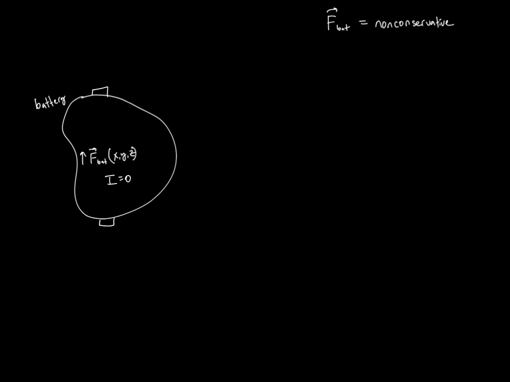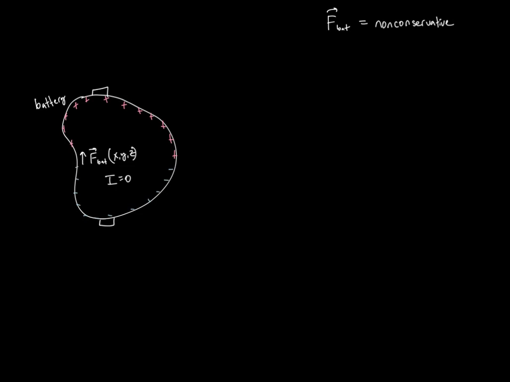Force, F sub bat, pushes on the charges and separates them, and you're going to get a charge separation in which the positive charges are pushed to the surface of the battery in the top half, and negative charges pushed to the bottom half of the battery. So the battery produces a charge separation.